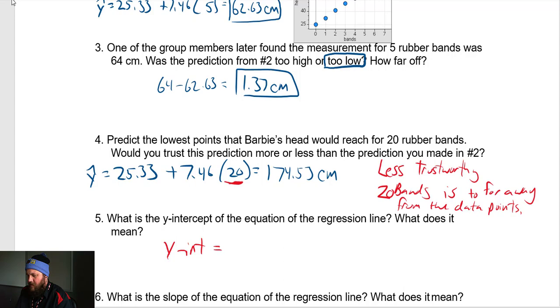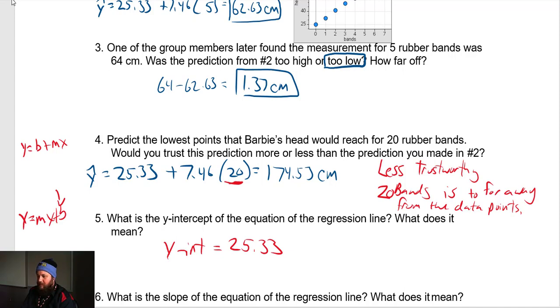As far as what you would see in a regular equation back in algebra, y equals mx plus b, your y-intercept was the b, and your slope was the m. Well, this is just written differently. Our y-hat is written as y-hat equals b plus mx. So in other words, our y-intercept is 25.33.